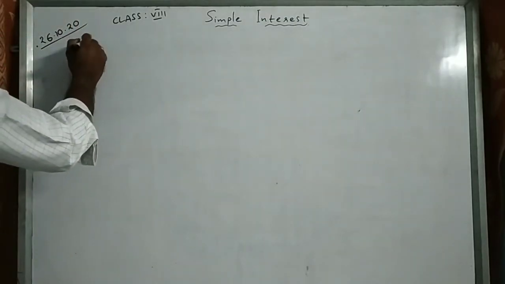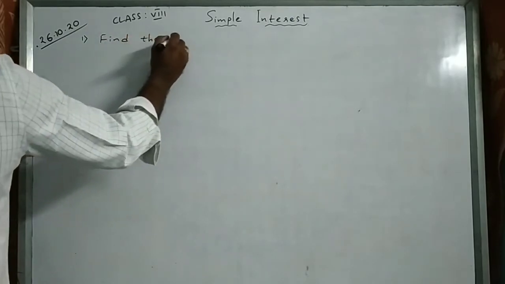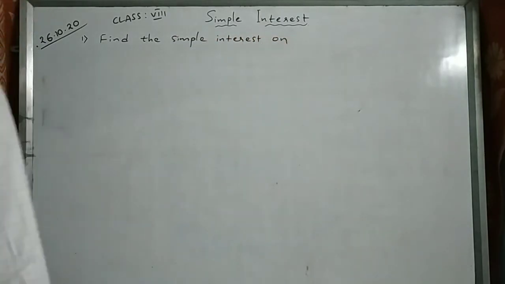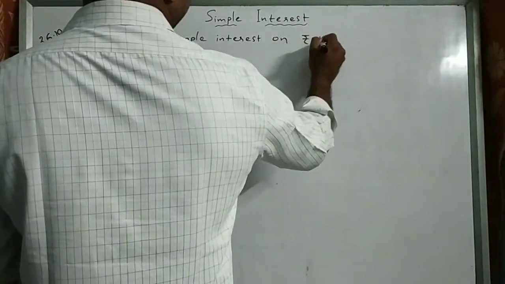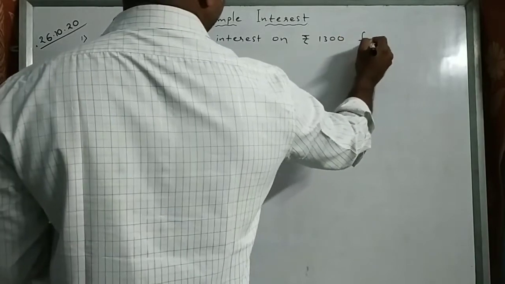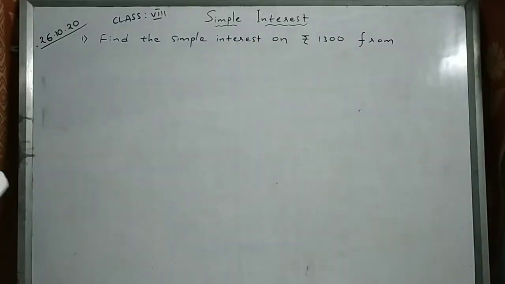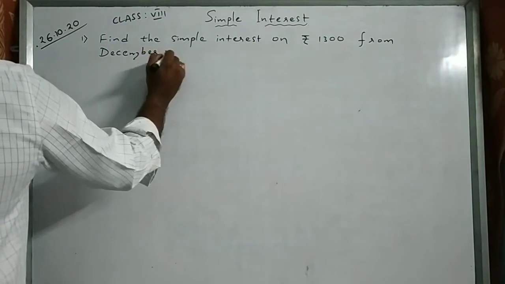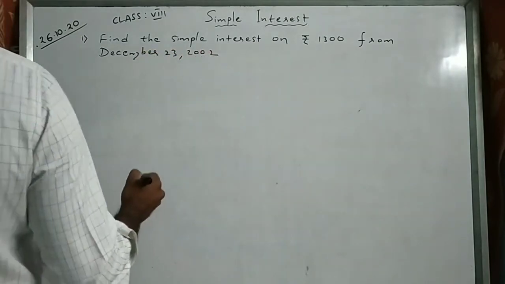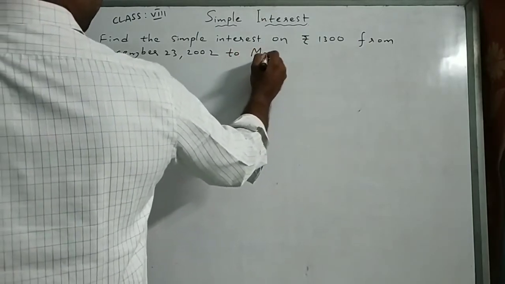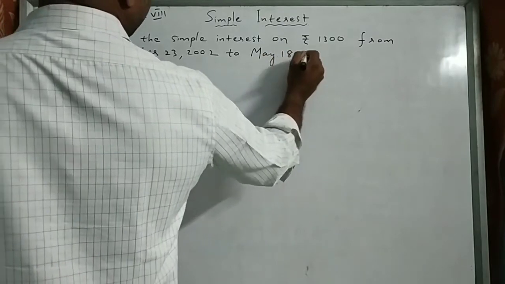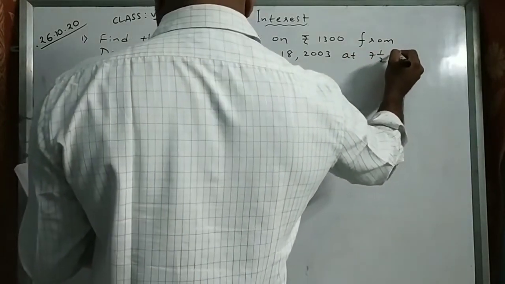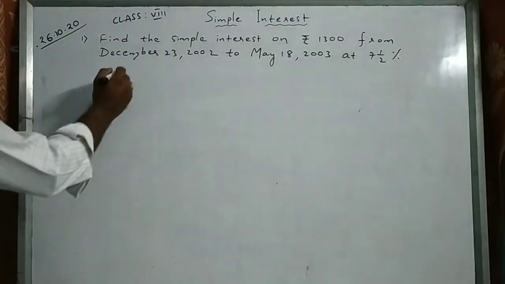Find the simple interest on rupees 1300 from December 23rd, 2002 to May 18, 2003 at 7.5% rate of interest per annum.